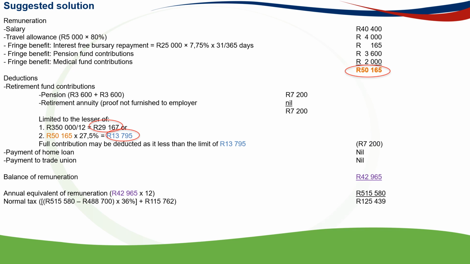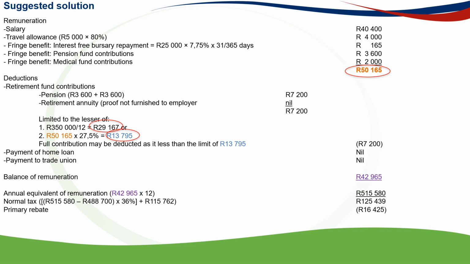So the 550,580 less 488,700 Rand, multiply the difference by 36%, plus 115,762 gives us 125,439 normal tax.